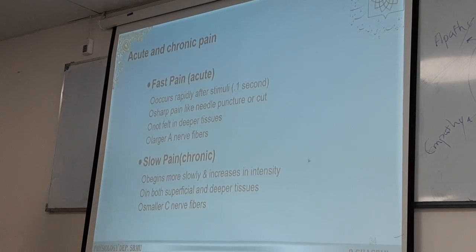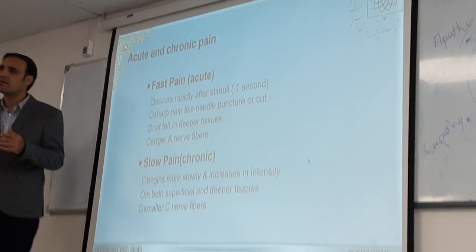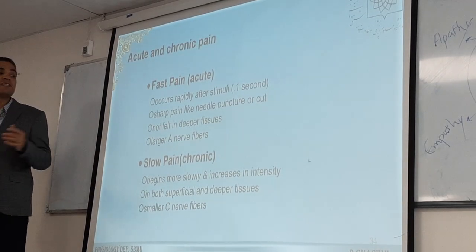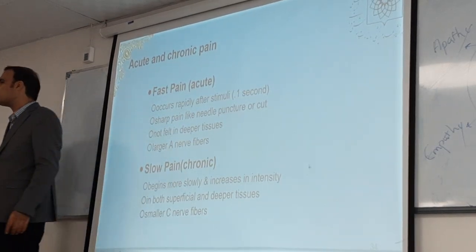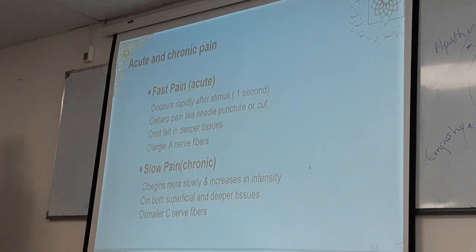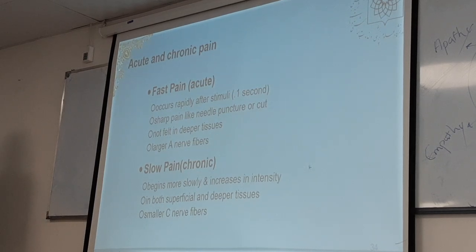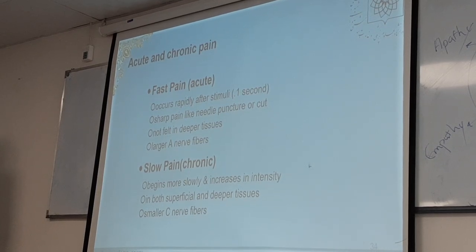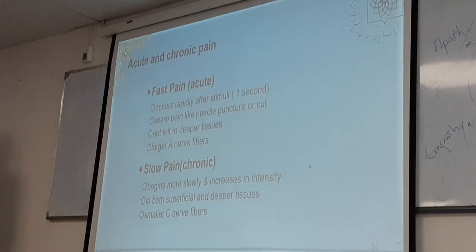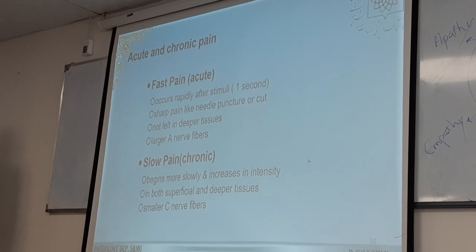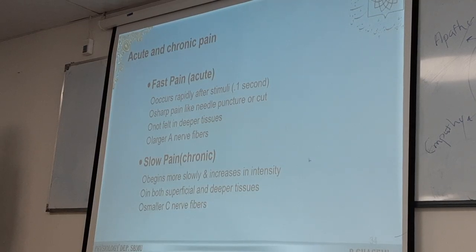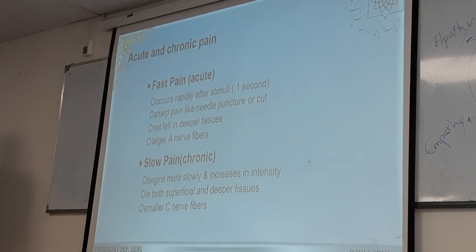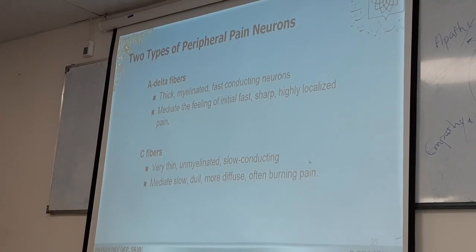And slow pain uses C fibers. I told you that C fibers are unmyelinated. They use a low level of energy. Therefore, they can remain active even when the tissue has lower oxygen available. And these are the two parts of the pain.